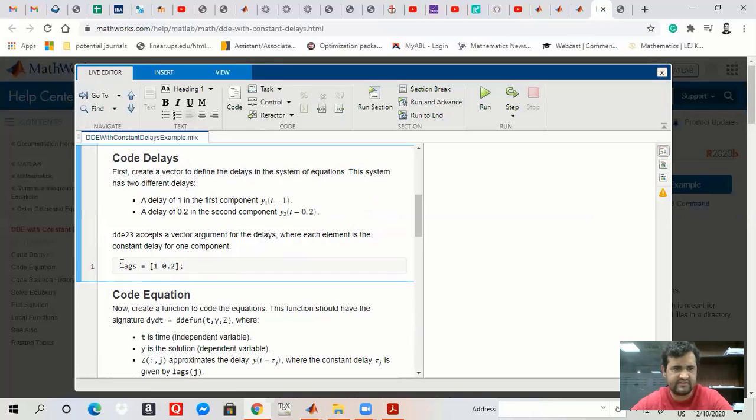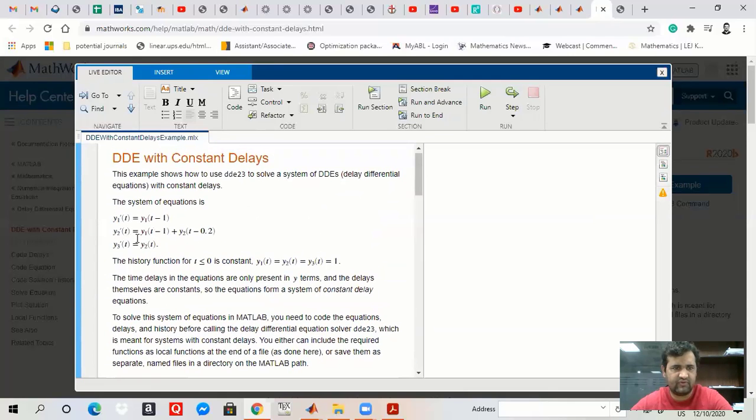So this is corresponding to your first delay differential equation, and this delay is corresponding to your second delay differential equation, as we have nothing for the third delay differential equation.